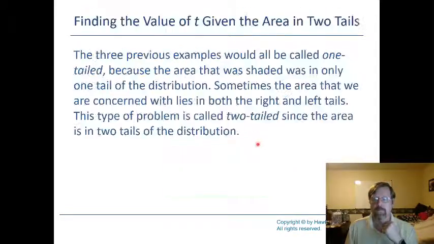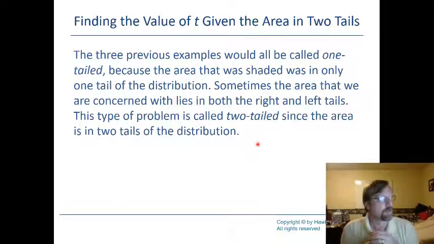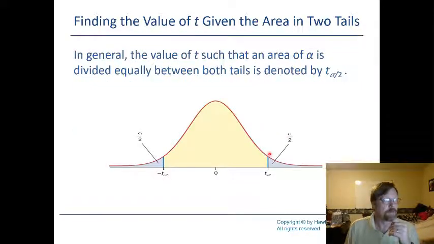So these are all one-tailed, because we were only looking at one tail, literally. Sometimes we're after areas on both sides, so we're looking at two-tailed distributions instead. Just like with the critical z-scores, we're after a t sub alpha over 2 instead of a z sub alpha over 2.